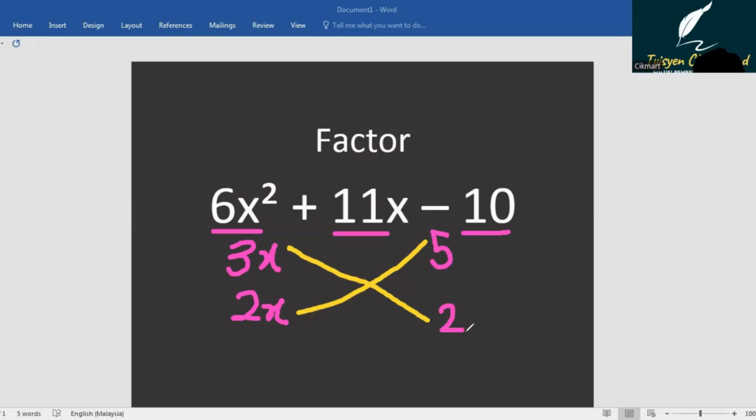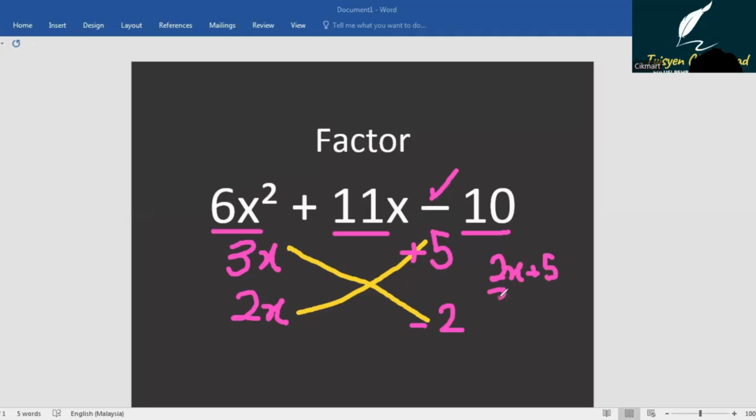This is going to be positive, and there must be a negative and a positive. To come up with a negative here, you should put one positive, one negative, or reverse. So reverse meaning minus 5, positive 2. Let's see if we put it like this: 2x plus 5.